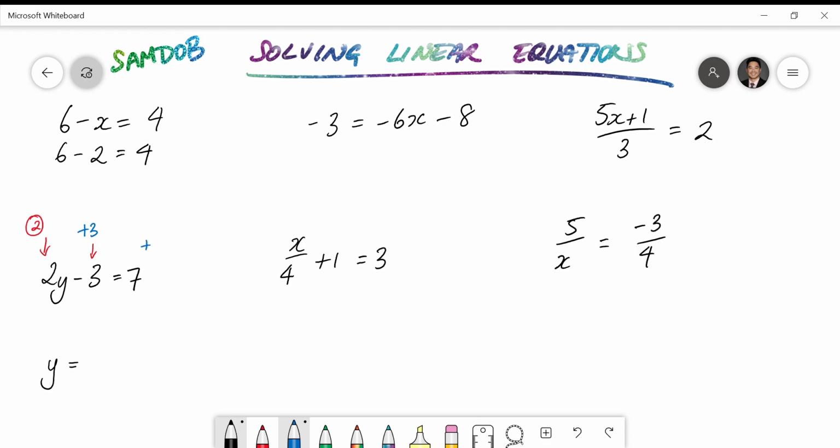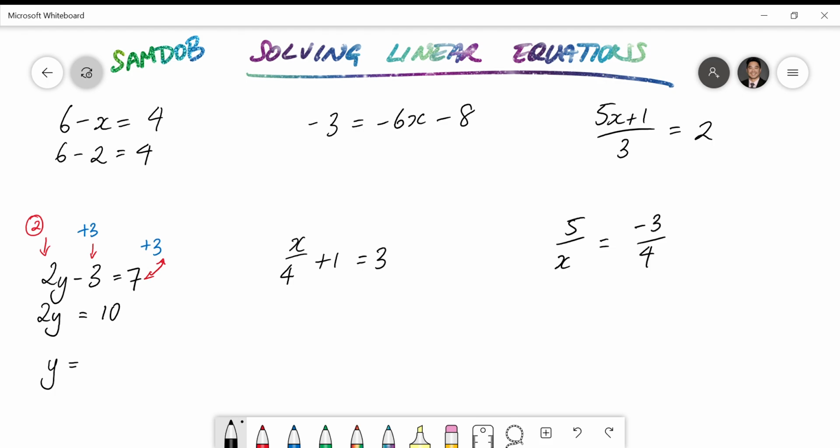So we need to add 3 to both sides. What that looks like in the end: 2y is equal to 7 plus 3, which is 10. We've eliminated the negative 3 on the left by adding 3, and we need to balance the other side and do exactly the same thing. So now we're left with 2y equals 10.